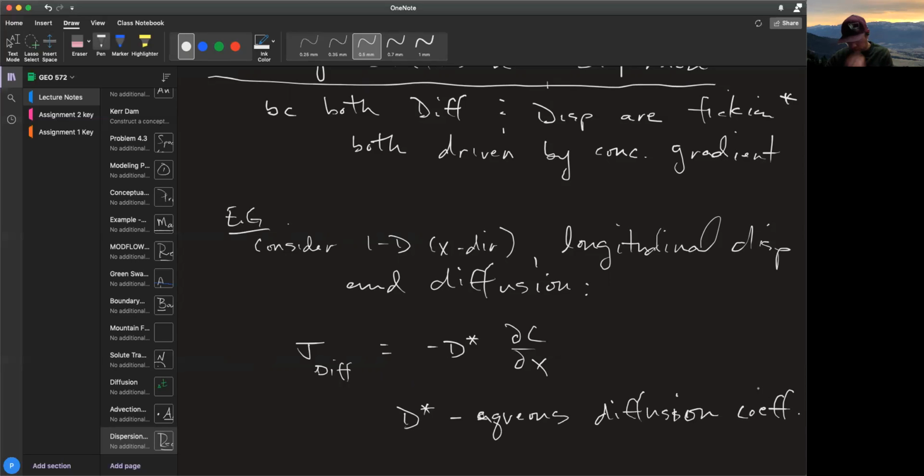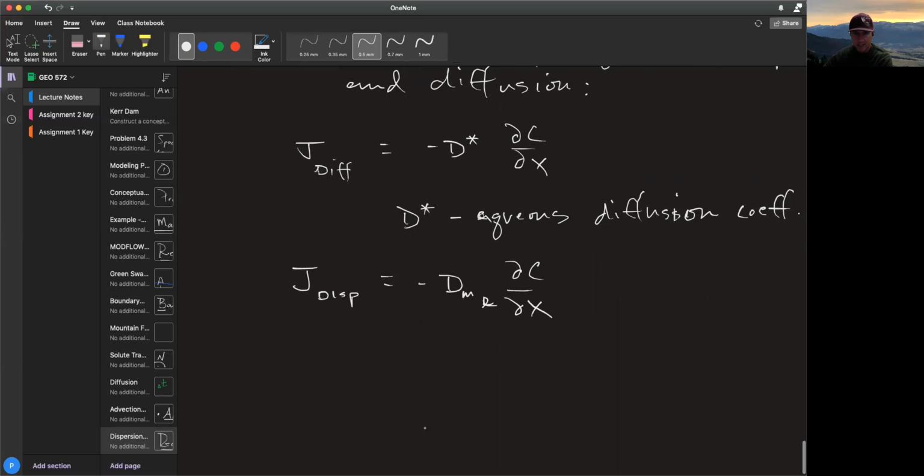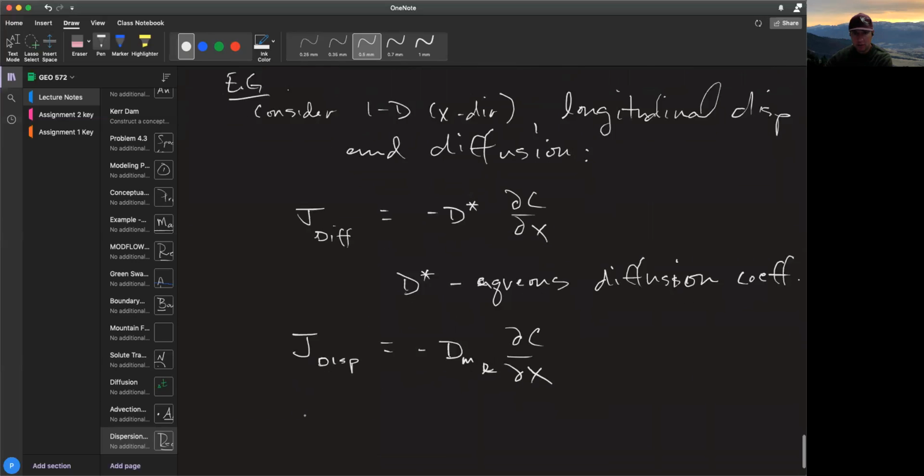My dispersion flux is equal to negative D_mL dC/dx. And I can combine these two.